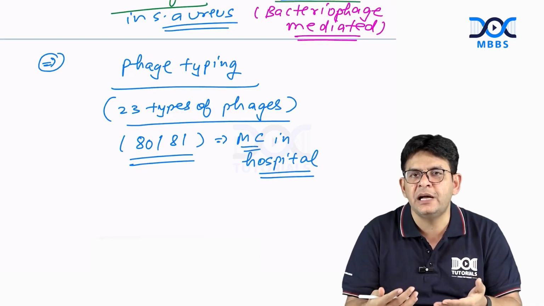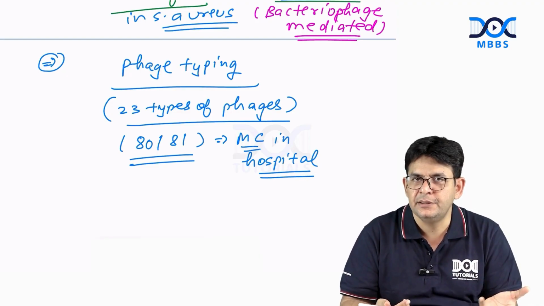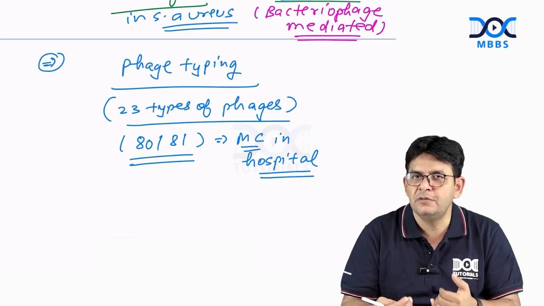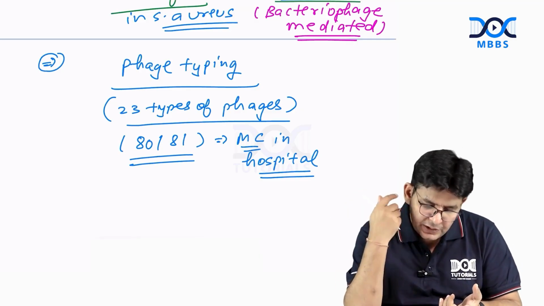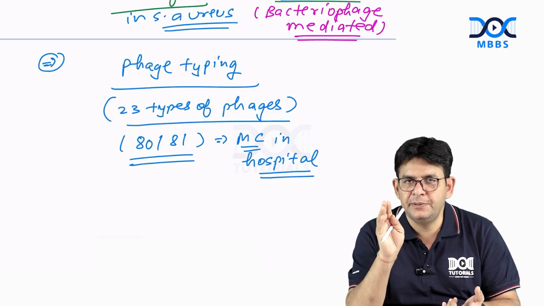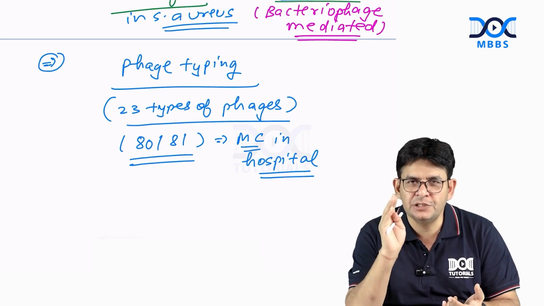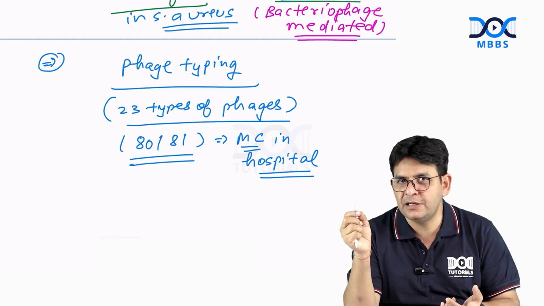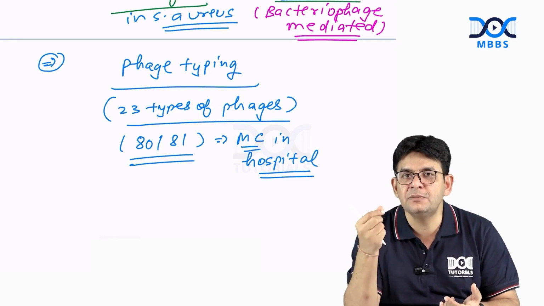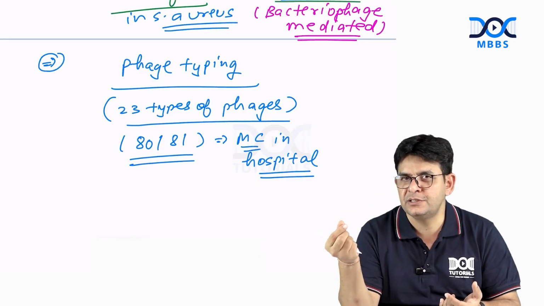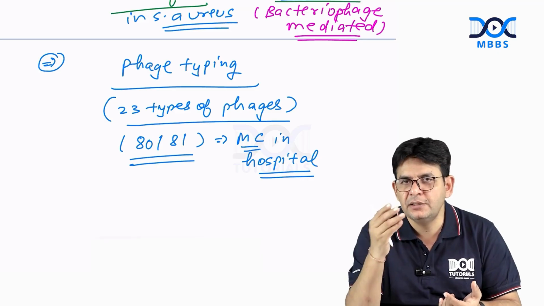Obviously, corresponding to that, the phage will also be there, that is, the 80/81 phage will be the most common, which will eat up this particular growth. Simple. So actually phage typing is a bit complicated. You just remember that 23 types of phages are there, and the 80/81 combination is the most common in most hospitals. If you remember this much also, that's fine.